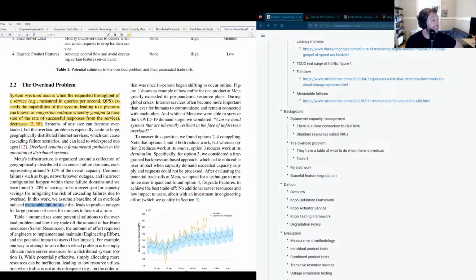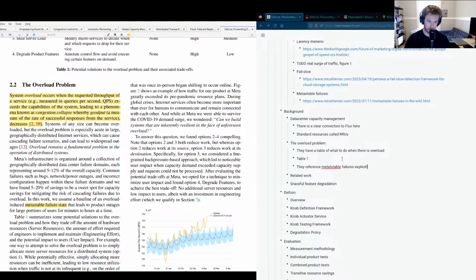They reference metastable failures explicitly. Very cool. Very cool. Metastable.